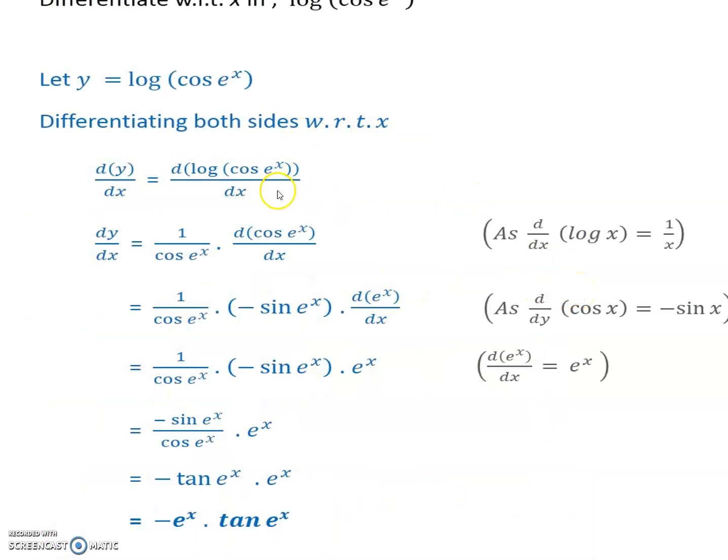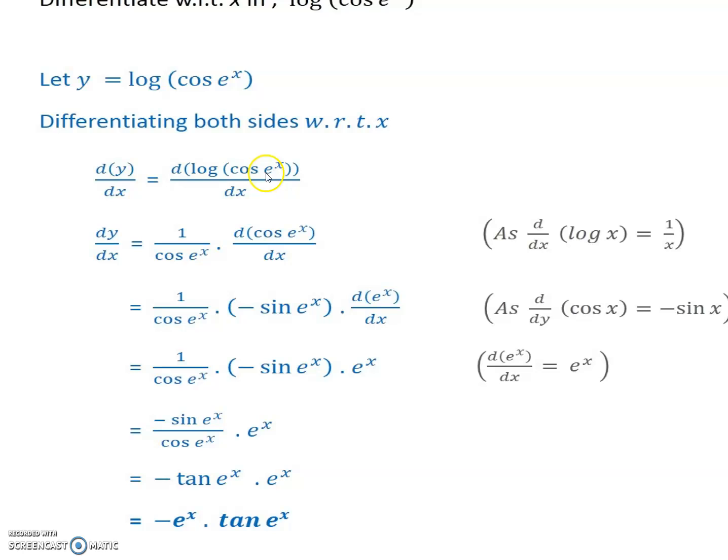Now it is the change of base rule. Let y is equal to log base cos x of e raised to x. Differentiate both sides with respect to x. Dy by dx is the derivative of log base cos x of e raised to x. We know that the derivative of log f of x is 1 upon f of x into derivative of f of x.